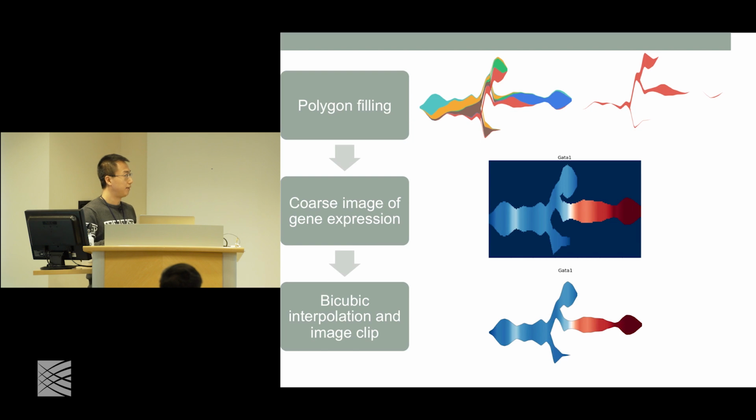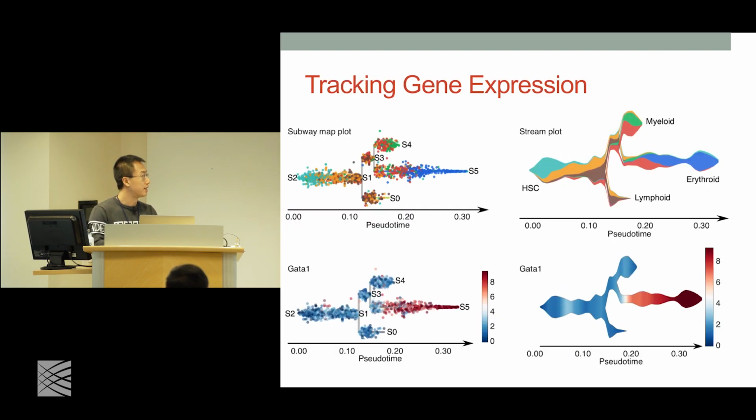Then, based on this coarse image, we do some bicubic interpolation, and eventually we clip the stream plot out of this image, and we can get the final gene expression stream plot.